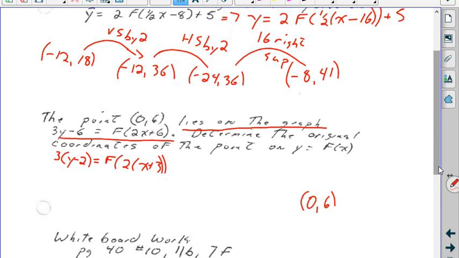So what's the first transformation? First one for me, I'm going to write down is a vertical stretch by a third, horizontal stretch by 1/2, and then we are going to go 2 up, 3 left.